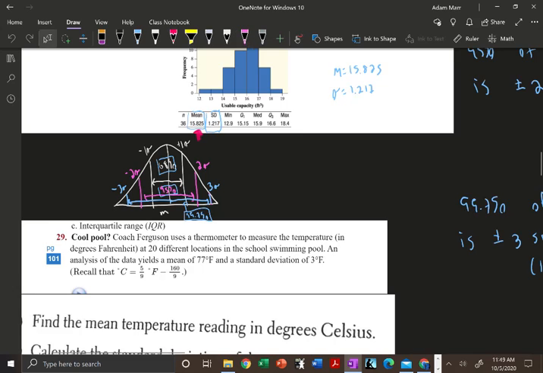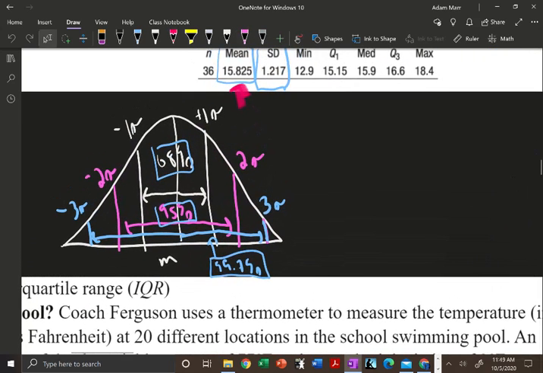That's a little tough, and just to refresh your memory, what does that mean? That means 68% of your data is within one standard deviation of the mean, so 68% of your data is right here, plus one standard deviation and minus one standard deviation. 95% of your data is within two standard deviations of your mean, going all the way out to here and all the way out to here.